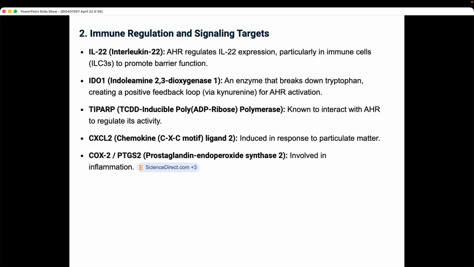Then it turns out that the aryl hydrocarbon receptor has some additional roles. It plays a role in immune system activation. So these PCBs and dioxins cause trouble, and it's kind of a two-step problem. One is you aren't going to be able to activate an effort to metabolize us.